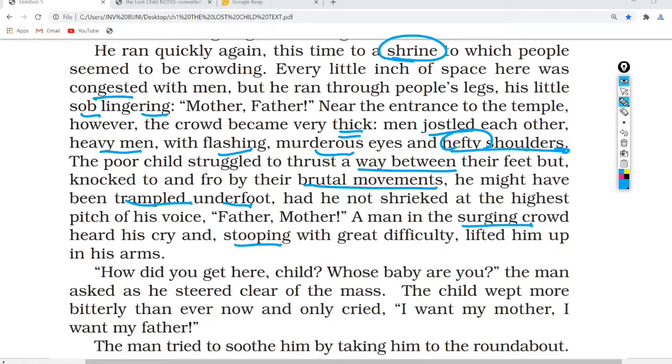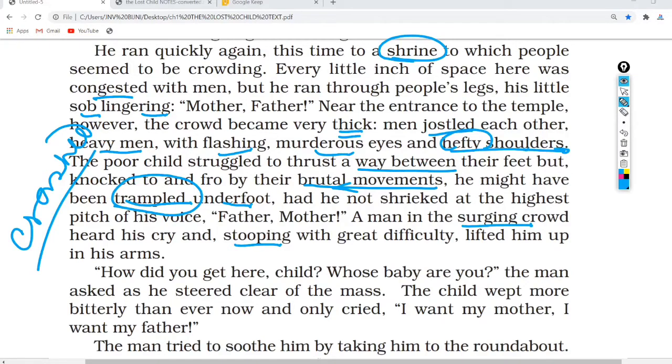When he was moving, he was at the mercy of the people, and many times he was trampled. Because of the brutal movement of the people, he was almost crushed under their feet.